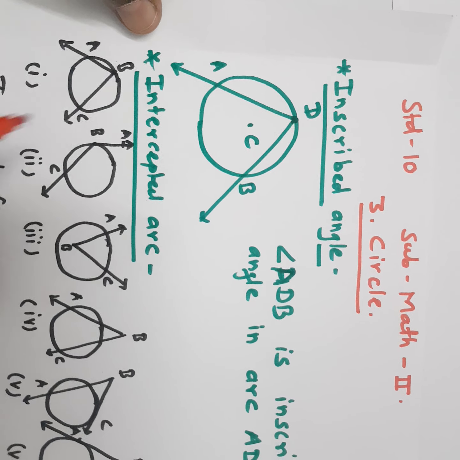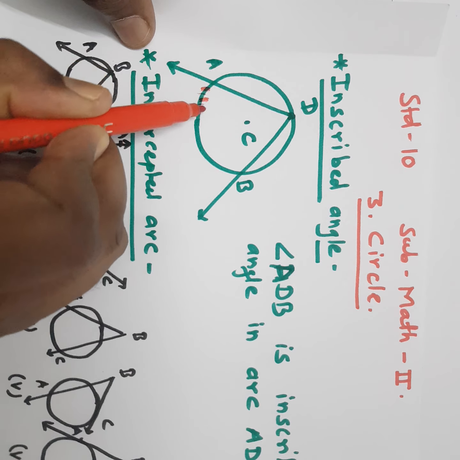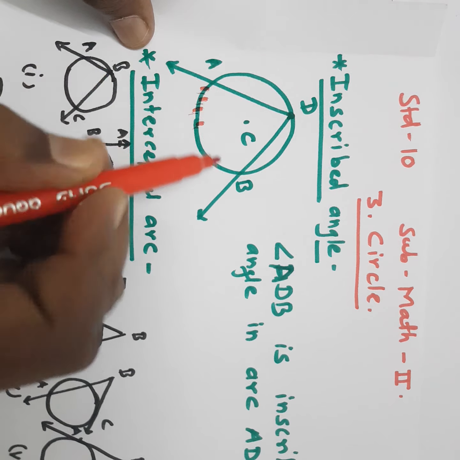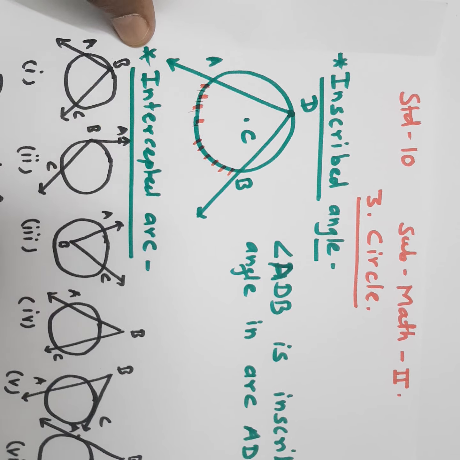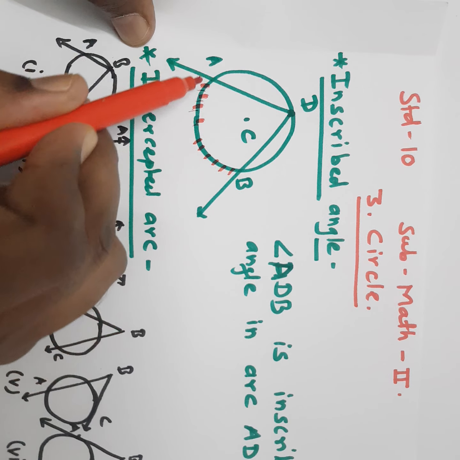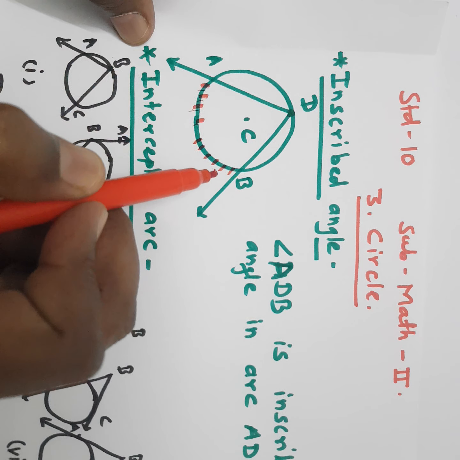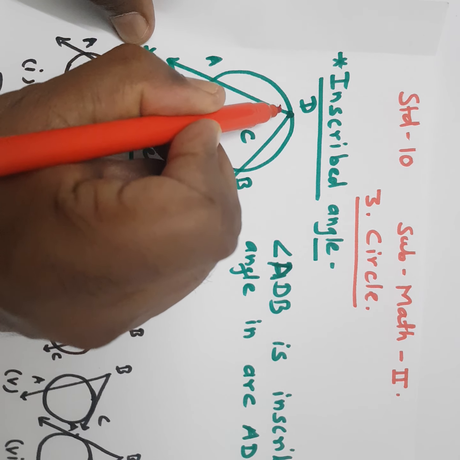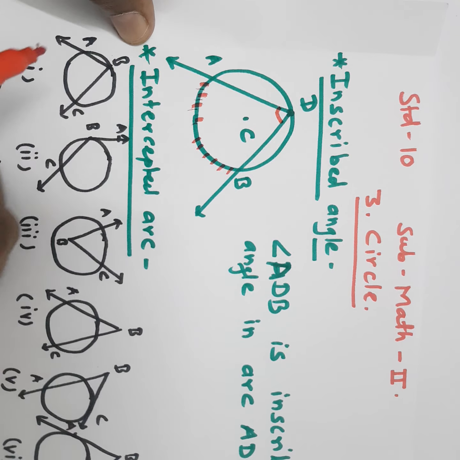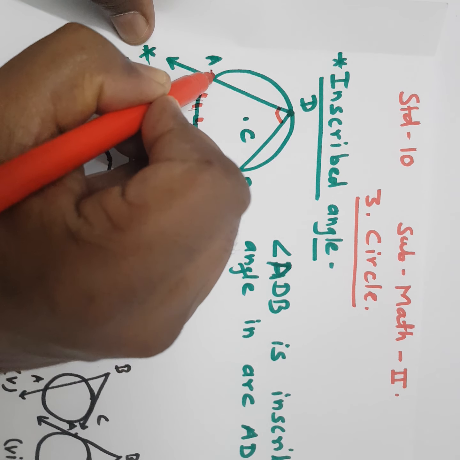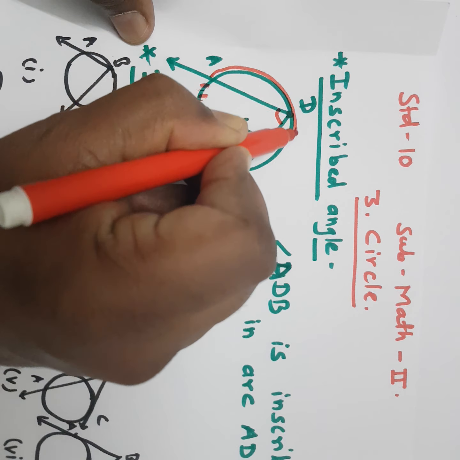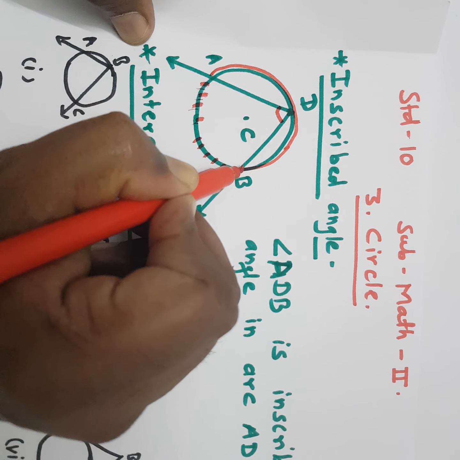Once again, see inscribed angle. Here arc AB is intercepted by angle ADB, and angle ADB is an inscribed angle in arc ADB.